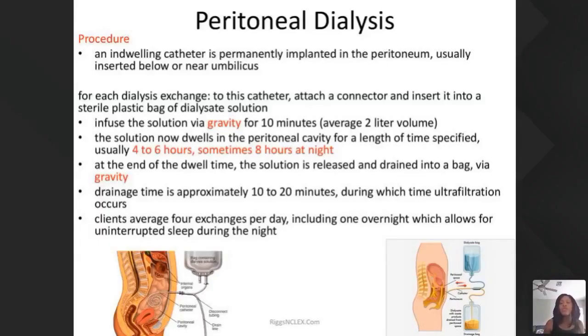So what we do is we infuse them with the solution, and we always do that via gravity. Those are huge bags of about 2 liters of substance that we instill via gravity. After it's instilled, it stays in the patient's stomach based on what the physician orders, 4 to 6 hours.